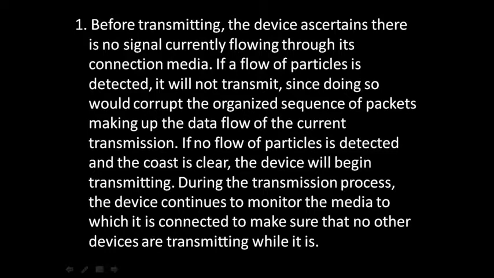If the flow of particles is detected, it will not transmit, since doing so would corrupt the organized sequence of packets making up the data flow of the current transmission. If no flow of particles is detected and the coast is clear, the device will begin transmitting. During the transmission process, the device continues to monitor the media to which it is connected to make sure that no other devices are transmitting while it is.